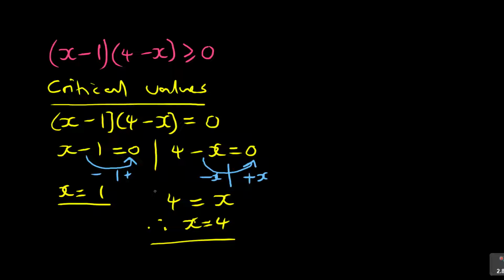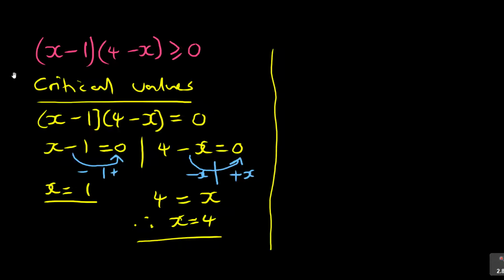When you have done that, then we can bring in our part here of the critical values. How do you go about it? You come with a number line like this. Very important. So your number line is going that direction. You do what is called testing. So what are the critical values?